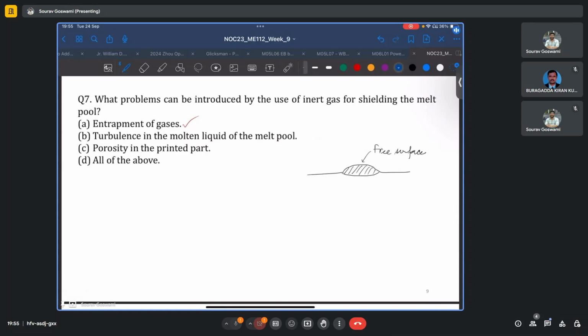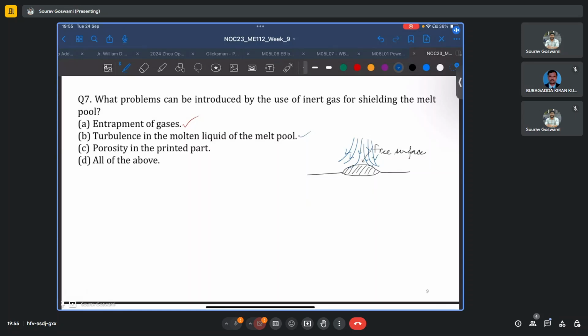Now, when the inert gas flows over it at significant volume rates, this leads to surface waves, which produce turbulence on the surface as well as may lead to turbulence in the bulk of the molten fluid and can disturb its characteristics. So option B is also correct.